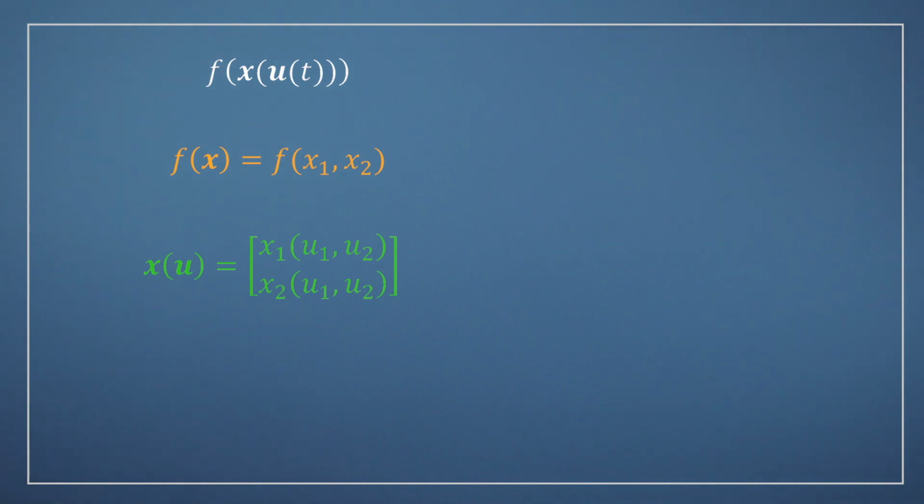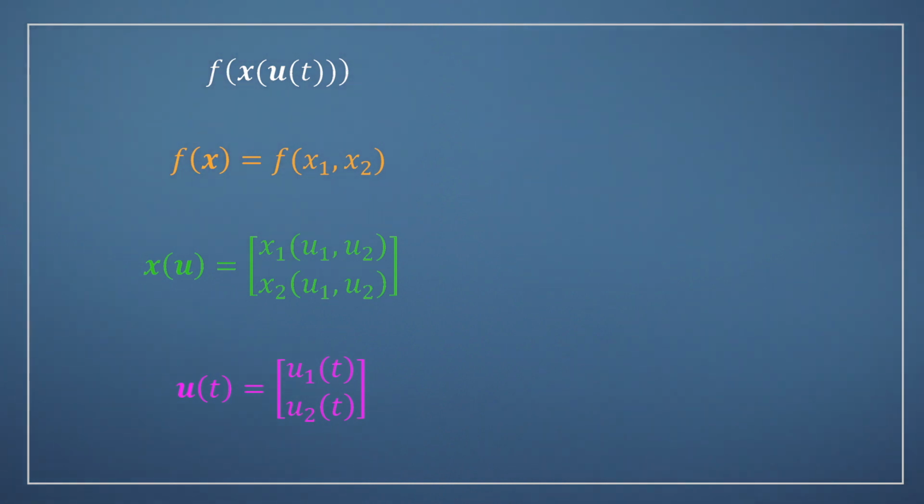As in the last video, the bold symbols indicate vectors. So u is again a vector-valued function, and it takes the scalar t as its input. Ultimately, we are still relating the scalar input t to a scalar output f, but we're doing this via two intermediary vector-valued functions x and u.